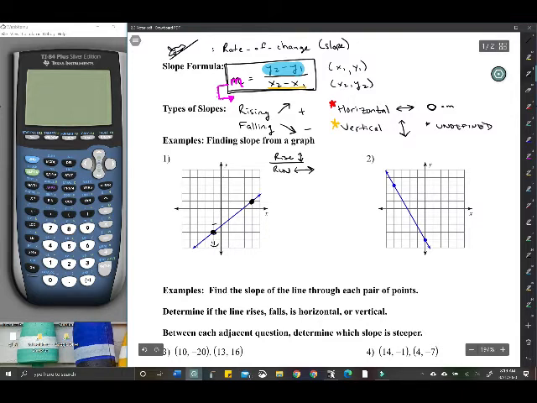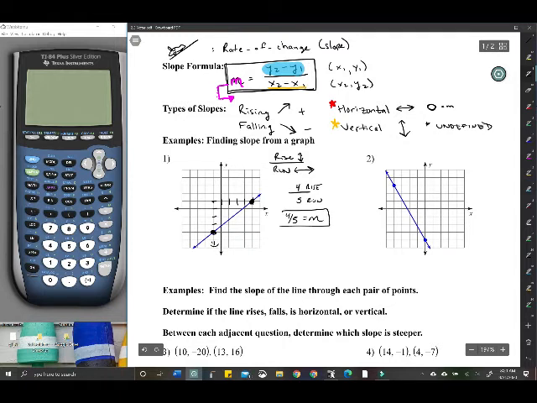It rises 1, 2, 3, 4. So that's the rise. And it runs 1, 2, 3, 4, 5. So the slope is 4/5.